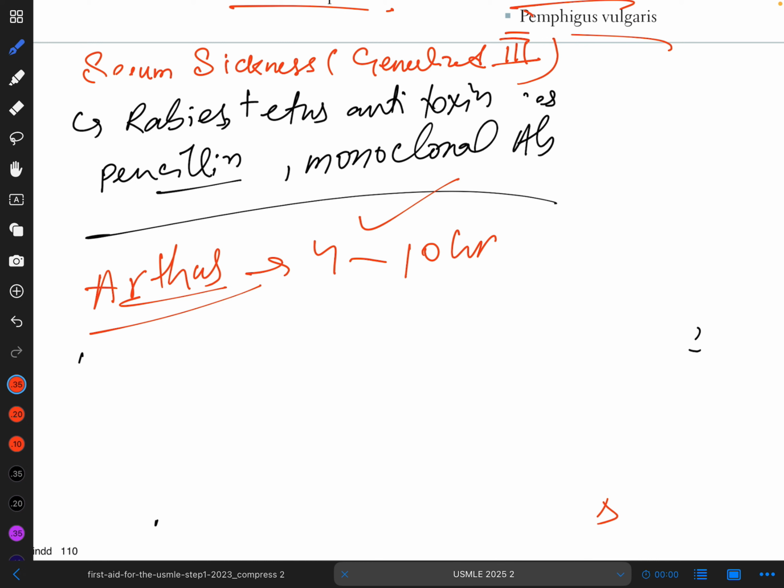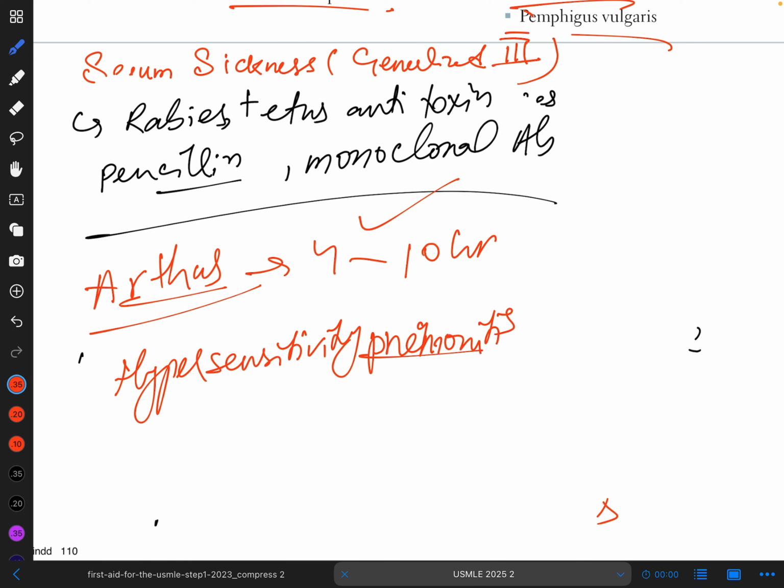Hypersensitivity pneumonitis is also called farmer's lung, and it is due to a hypersensitivity reaction to environmental antigens.